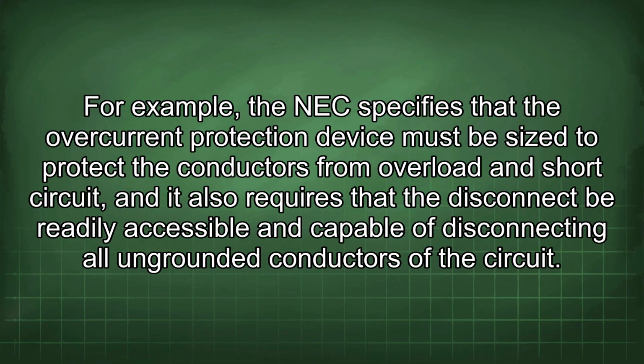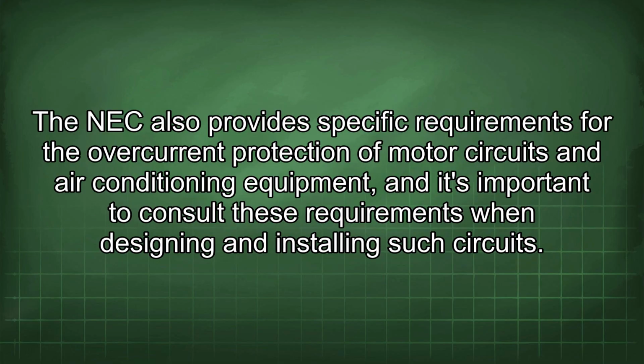For example, the NEC specifies that the overcurrent protection device must be sized to protect the conductors from overload and short circuit, and it also requires that the disconnect be readily accessible and capable of disconnecting all ungrounded conductors of the circuit. The NEC also provides specific requirements for the overcurrent protection of motor circuits and air conditioning equipment, and it's important to consult these requirements when designing and installing such circuits.